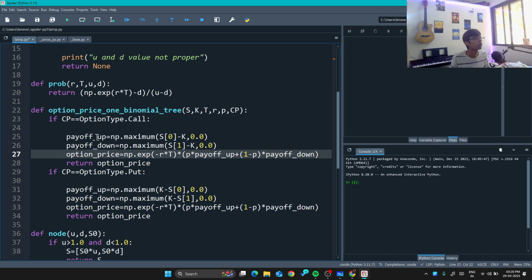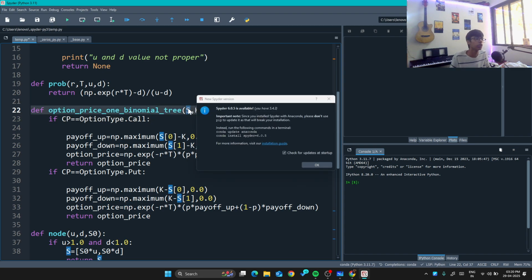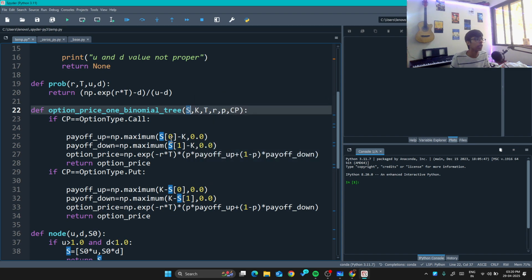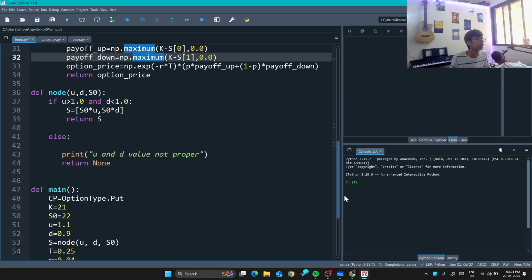And this is the one time step tree option pricing model, where if it is a call option, the payoff of up would be the call option payoff, and down would be the call option payoff. And S is an array of 22 or 18, both possible outcomes. And then for the option price, I discount the total payoff of the portfolio. And for the put option, I just switch to the put formula. And here I recheck the condition.